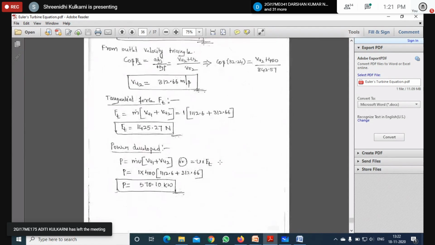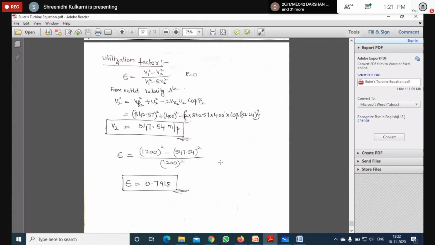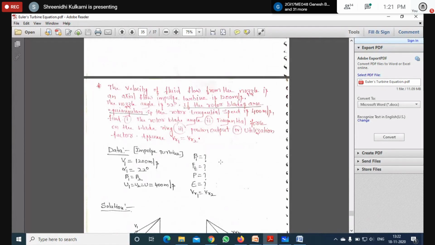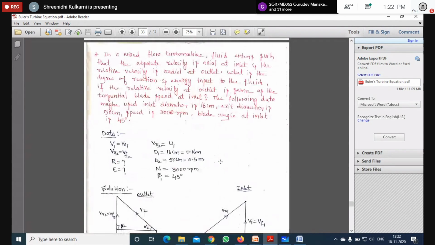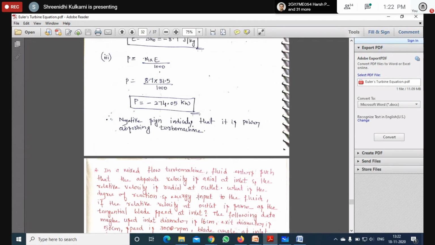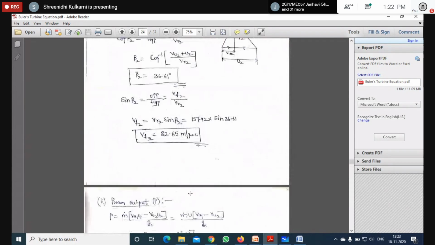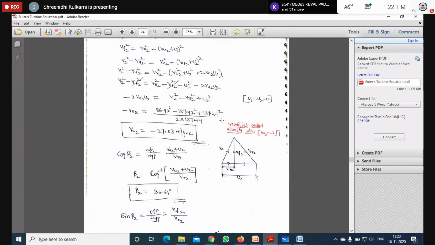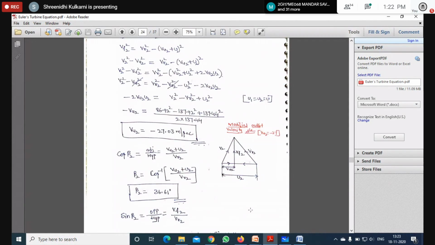So I covered almost all types of problems, to calculate alpha 1, beta 1, beta 2, and if they give the conditions, how to draw the velocity triangles, and how to change the directions. So if you have any doubt, note down your doubts. You can ask in the next class.